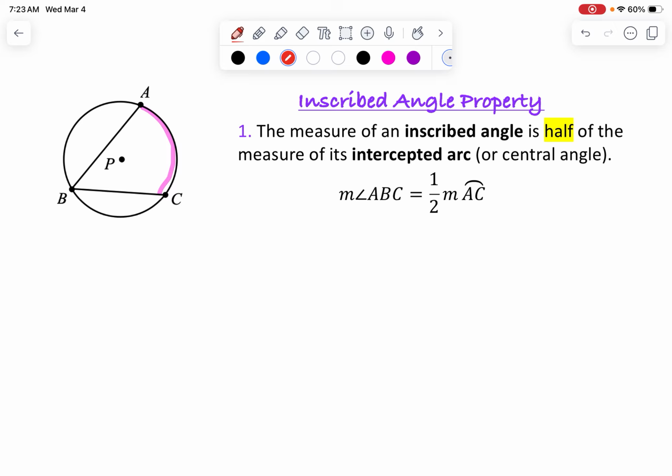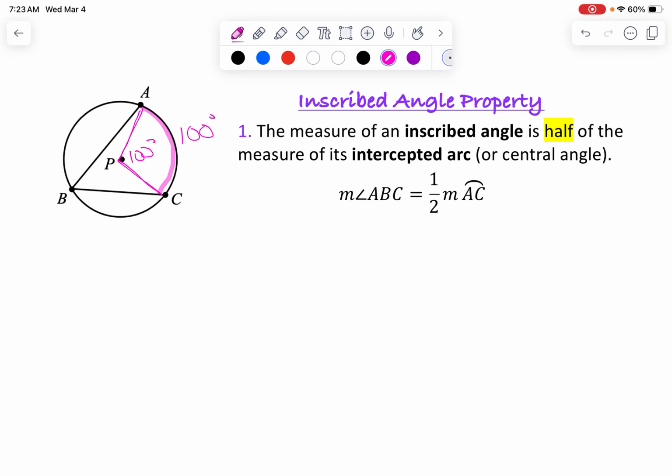Let's say that arc is 100 degrees for simplicity's sake. Now, you already know that the central angle, this right here, would also be 100 degrees. Those are the same, right? Central angle, intercepted arc, same.